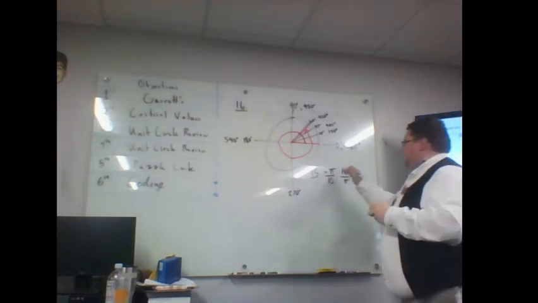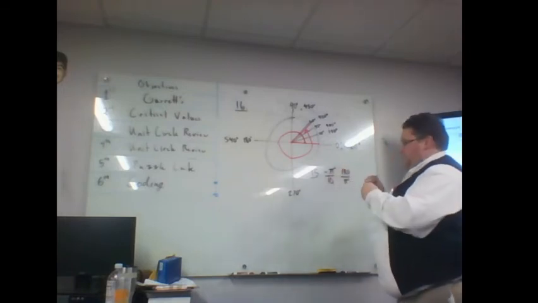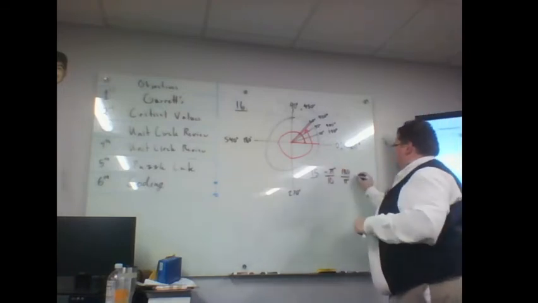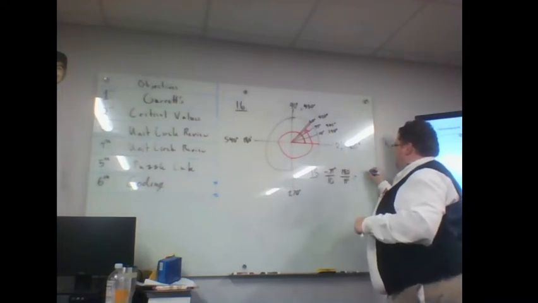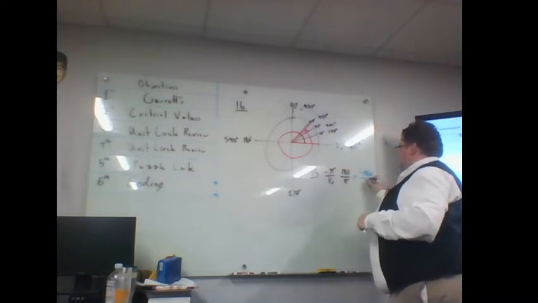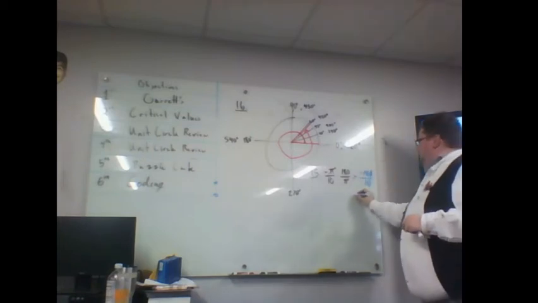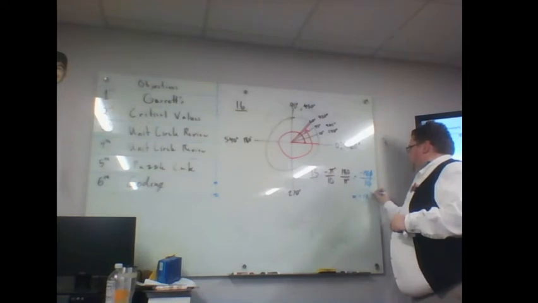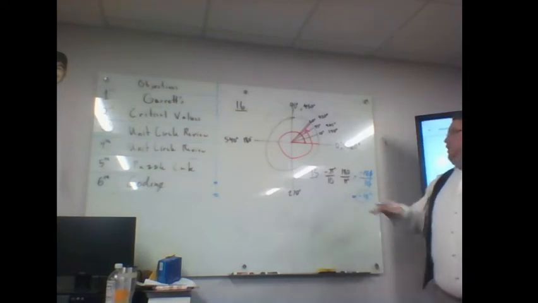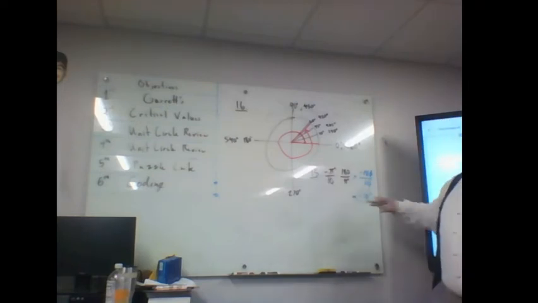The pi's are going to cancel, leaving me with, on top, negative 180 over 10. I can then cancel to reduce and get negative 18 degrees. So negative pi over 10 is equivalent to negative 18 degrees.